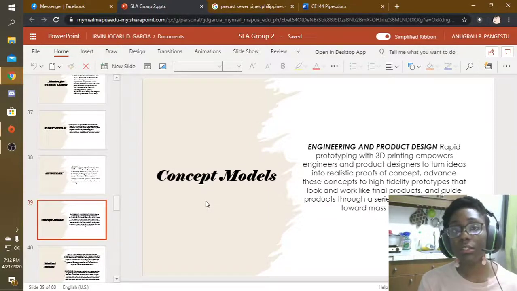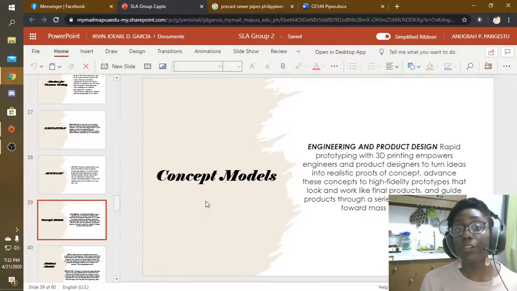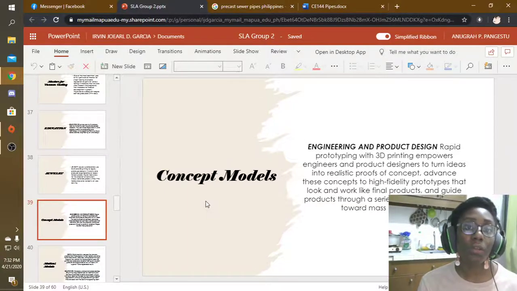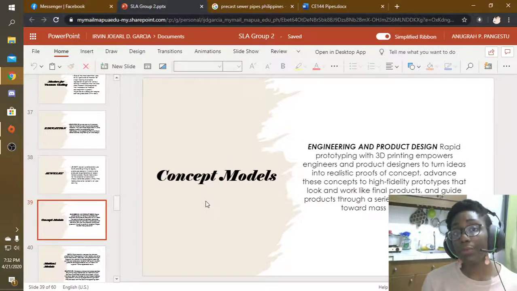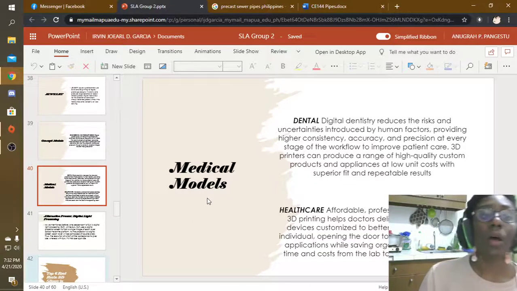I've explained this earlier, with the example of the one in Dubai. They get to test it with the 3D model first before they can actually mass produce it or build it. So the next one would be medical models.